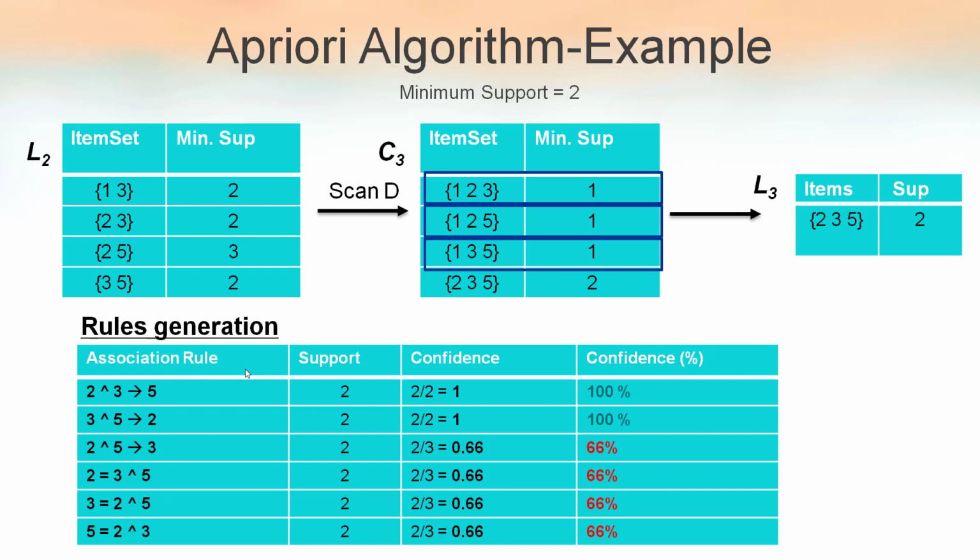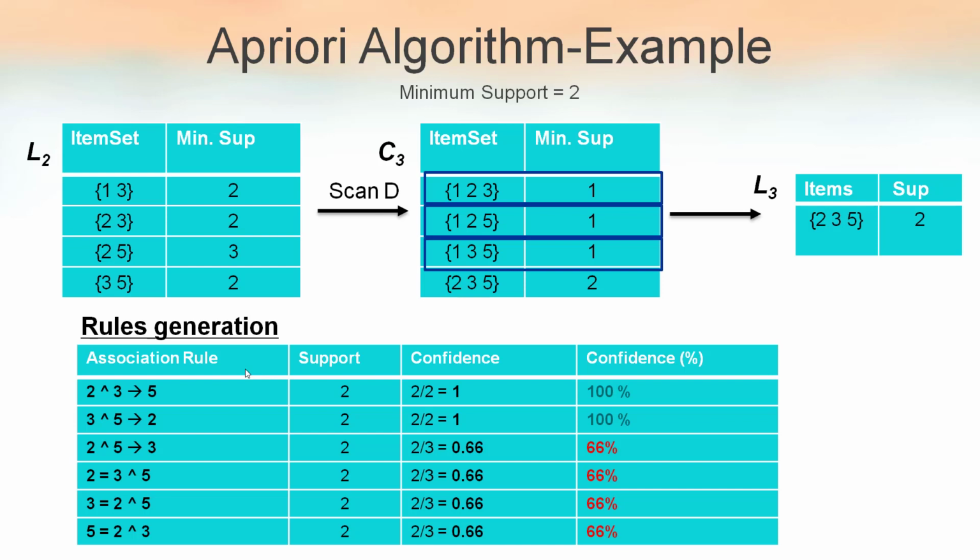So 2 divided by 2 is equal to 1, which means confidence is 100%. For 3 and 5, in our transaction database we have 2 transactions with 3 and 5, and also 2 transactions with 3, 5 and 2. So confidence is 100%, 2 divided by 2.